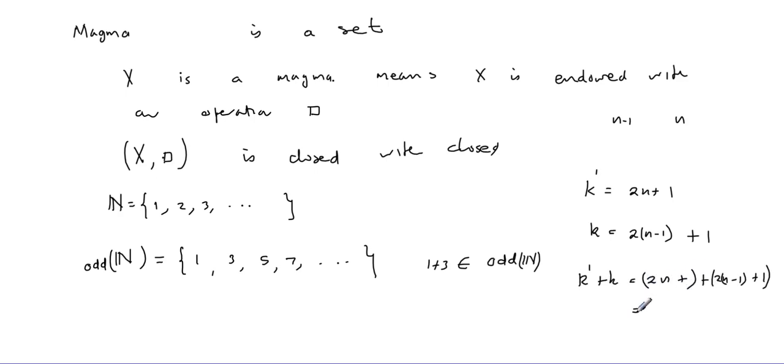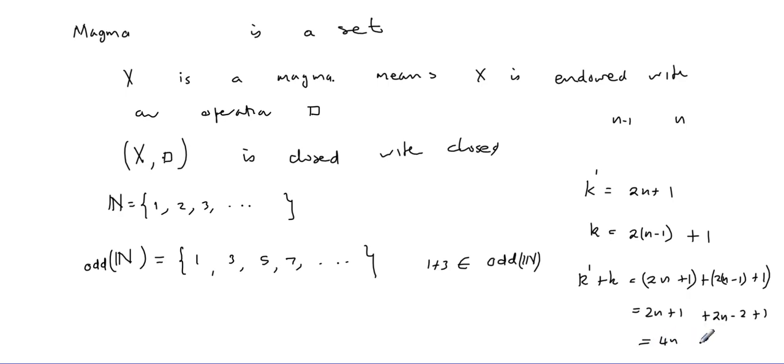We forgot one of them. Which one? Oh, this is n minus 1. Yes, 2n minus 1. You're right. So if we now add these things, we need to remove brackets here. 2n minus 2 plus 1, and this side 2n plus 1, which will give us 4n.